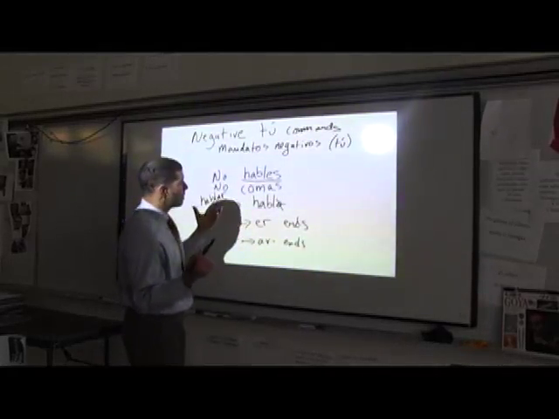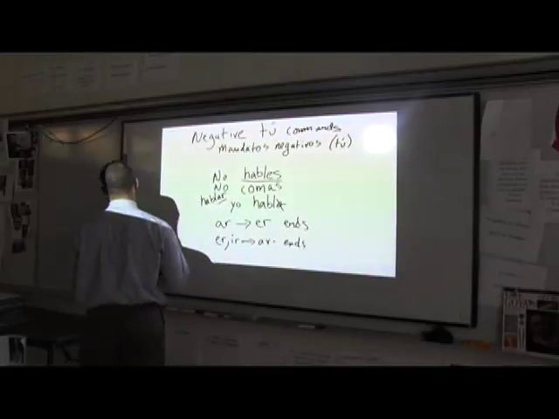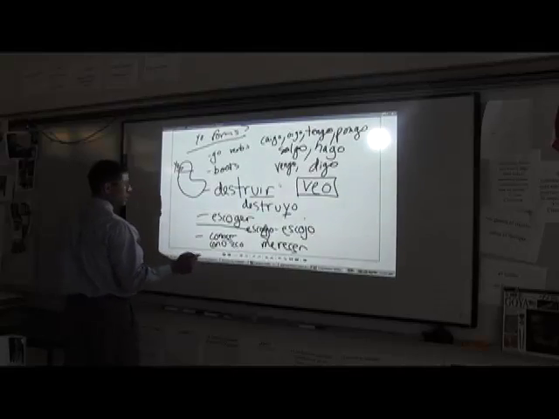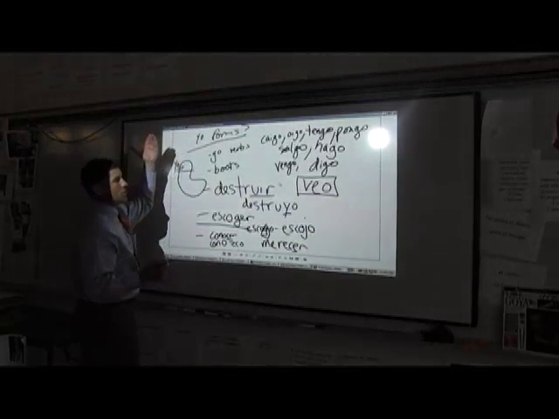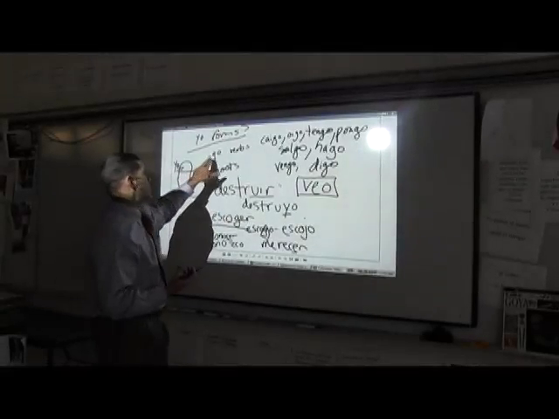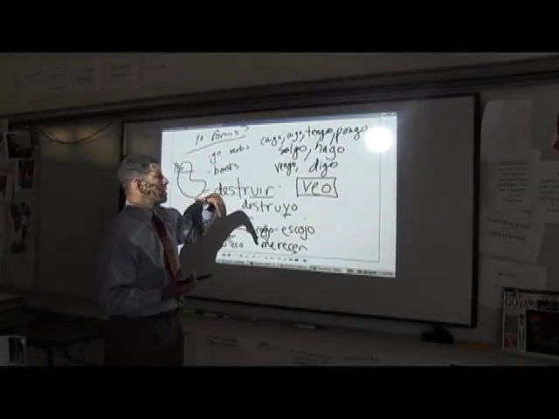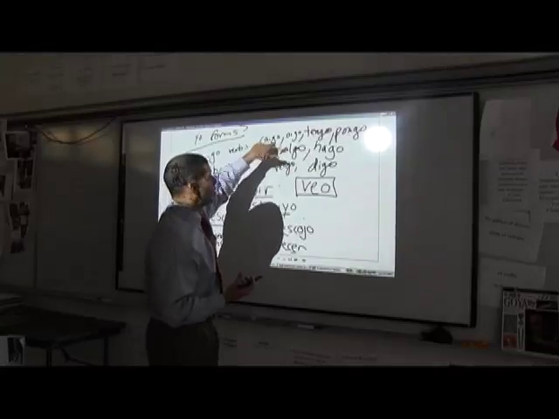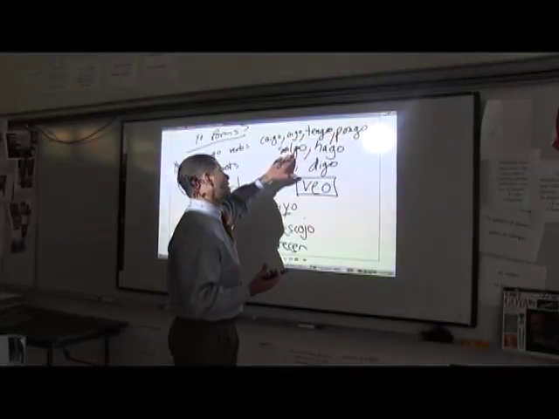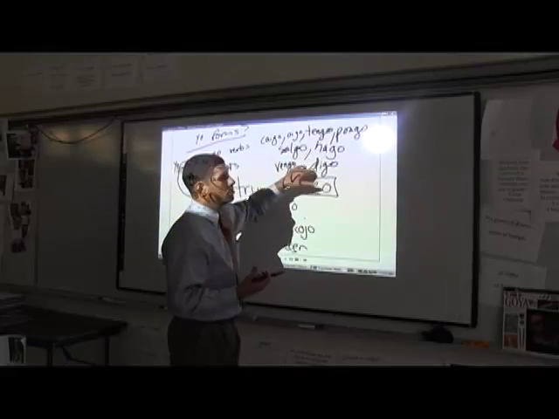So what are some things that you need to look at when you're doing these? Also, the yo forms. I said use the yo form, but we have so many irregular yo forms. You have go verbs, which is a video on go verbs, but like caer, caigo, oír, oigo, tener is tengo, pongo, salgo, hago, vengo, digo.